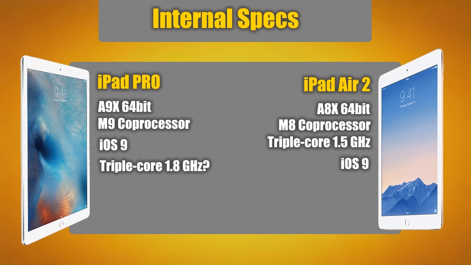That's what we're going to expect, because we don't actually know what we're getting yet, so we're going to expect round about there. The iPad Air 2 has a triple core 1.5 GHz processor. And again, we do not know the current specs of the iPad Pro, but that's what we should be expecting from a device like this.